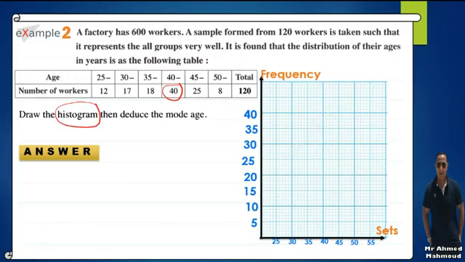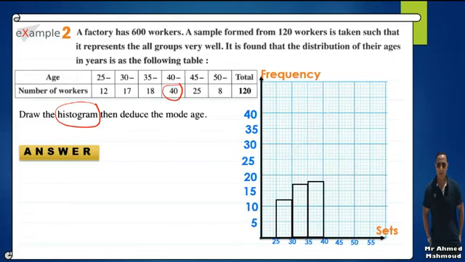The histogram, drawing as follows. 25 goes up to 12, and then I draw a rectangle like this. 30 goes up to 17, which is here after 15. Then 35 goes up to 18, and I draw a rectangle here.